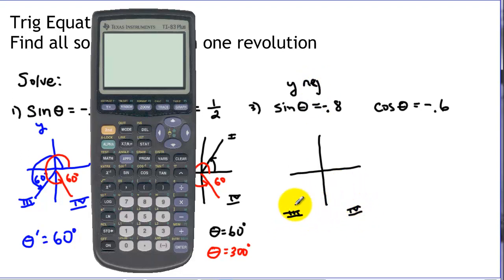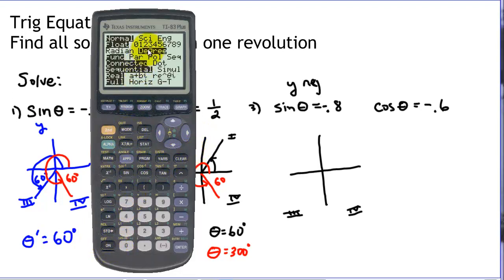So we need two solutions, one in quadrant 3 and one in quadrant 4. And let's turn on our calculator. Now I'm going to work these in degrees, so I've got my calculator in degree mode. So I'm going to do second sine inverse of negative 0.8. And I get the answer of negative 53.1 degrees.